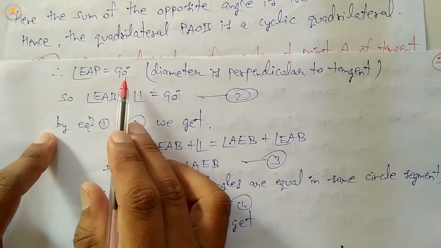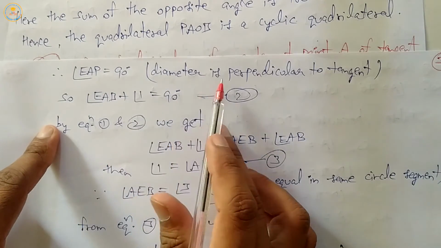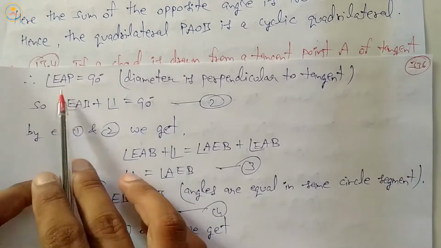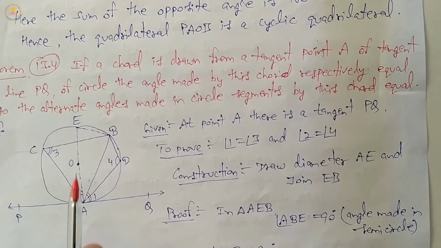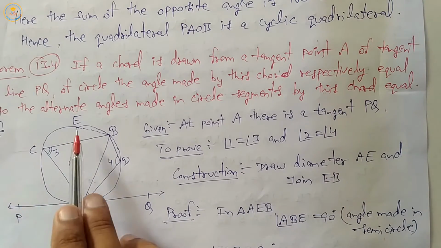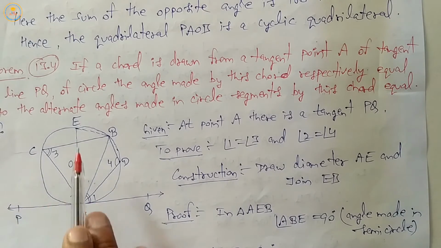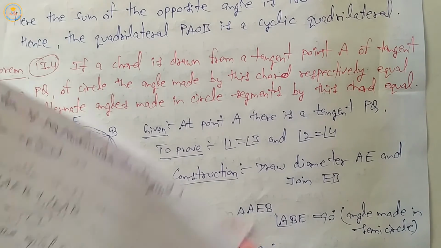Equation first. So angle EAP is 90 degree, diameter is perpendicular to tangent. EAP is a 90 degree, EAQ is also 90 degree.